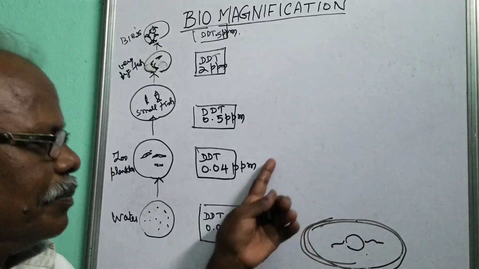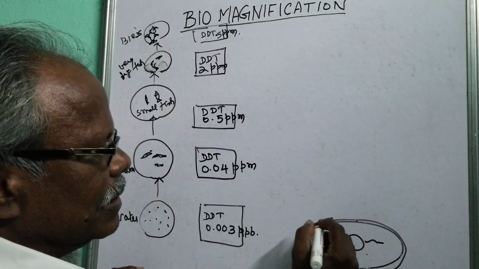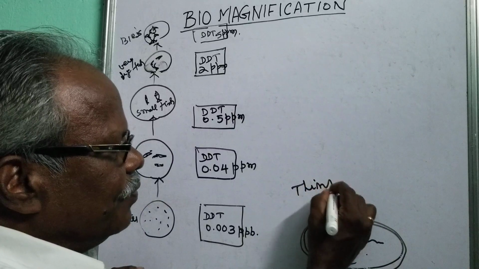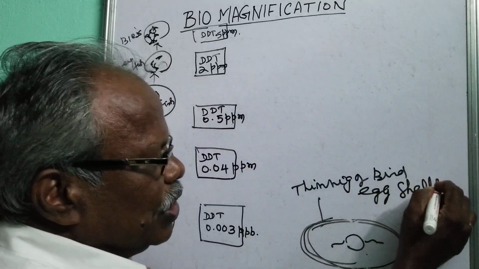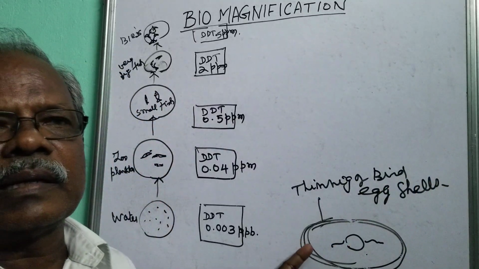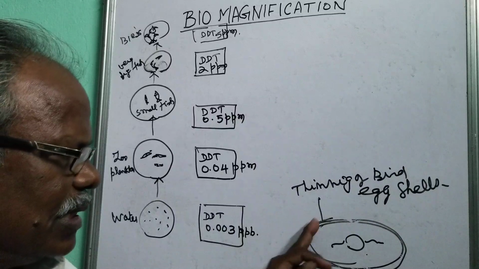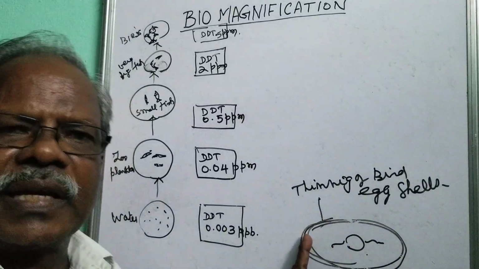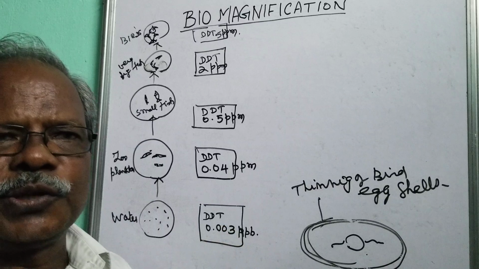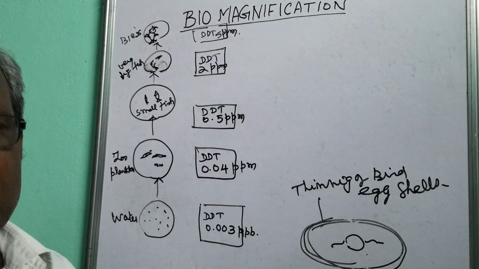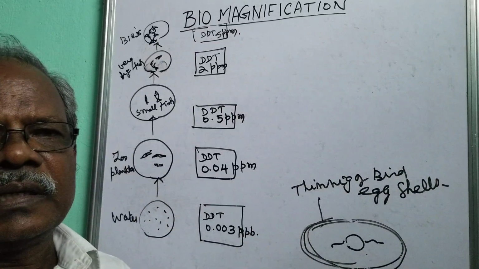But in the case of biomagnification, since the DDT level is increased, the shell of the bird eggs thins. Due to thinning of the egg, premature development will occur, and the population of birds is reduced because of this biomagnification process, or the accumulation of DDT from one level to another.